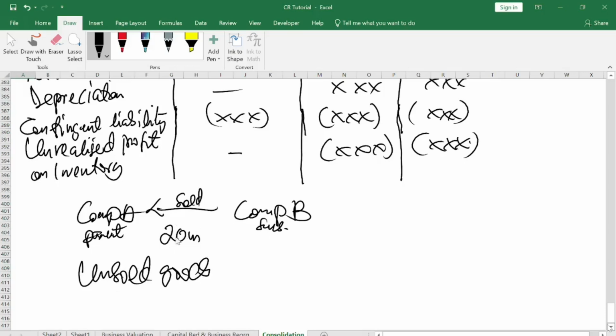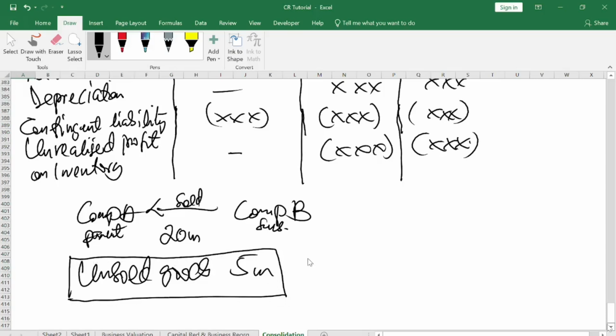Out of the 20 million that they transacted, they have 5 million unsold. Have you understood? Out of this 5 million unsold is what we will calculate as our PUP, provision for unrealized profit. Less. Do you understand?